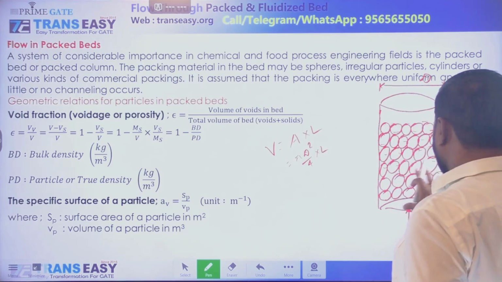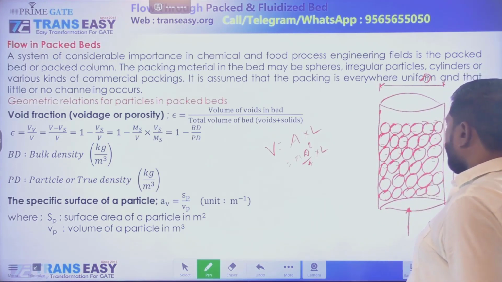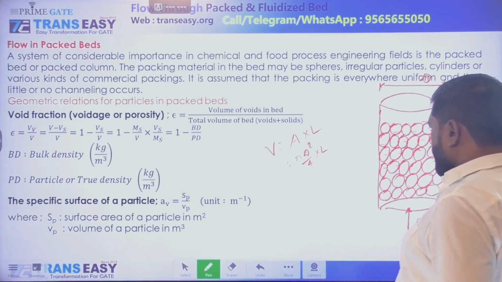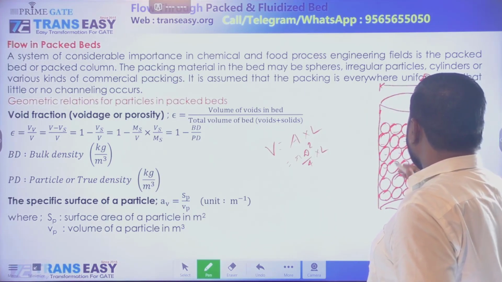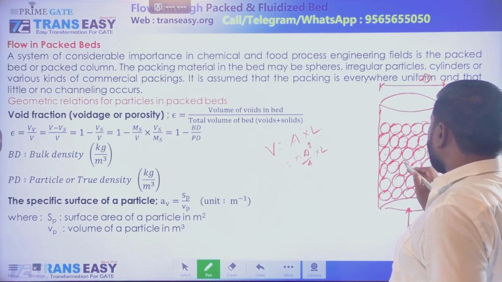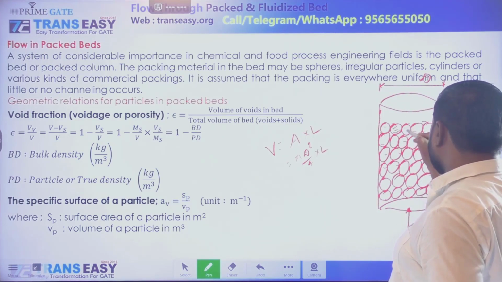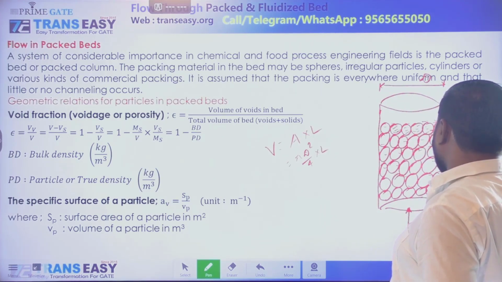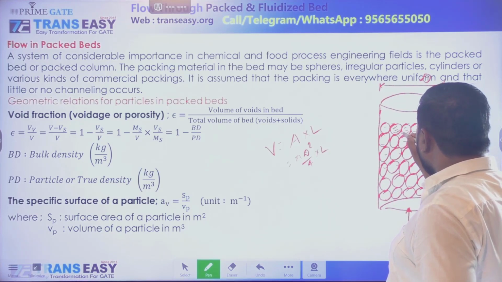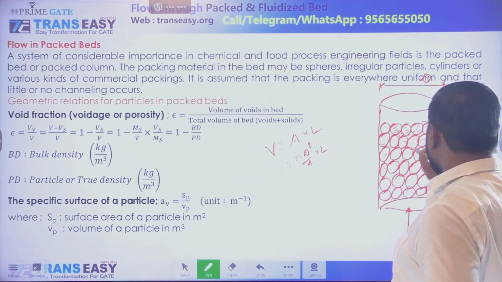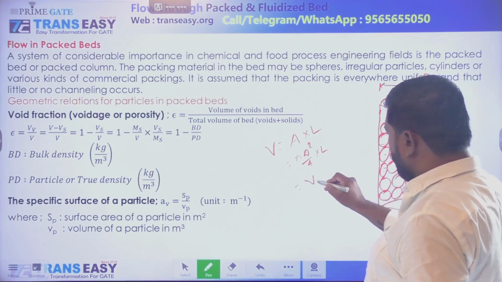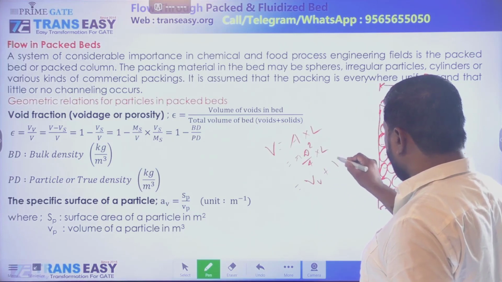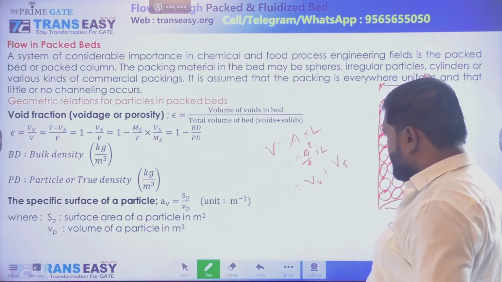This total volume of the bed is occupied by solid particles, these are solid particles, and void space, right? So total volume of this bed is volume of the void plus volume of solid particles.